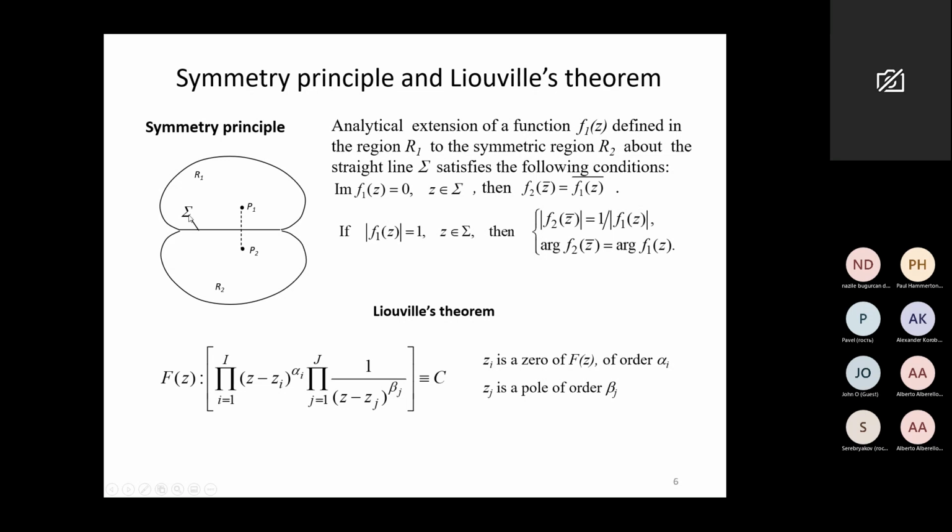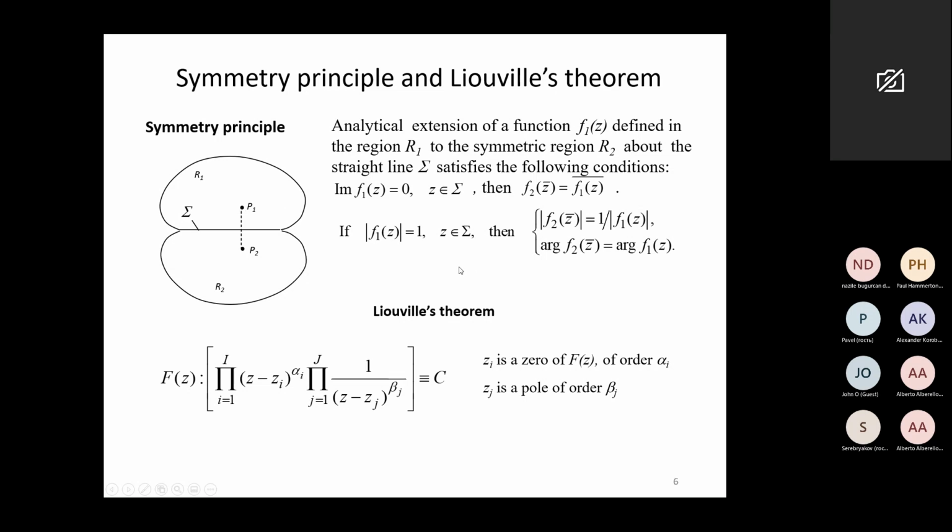If, for example, we know a complex function in region R1, and we wish to extend this function to a symmetric region R2, symmetric with respect to the straight line sigma, and we wish to satisfy a boundary condition on this straight line, for example, the imaginary part of the function should be 0, in that case, we can extend the function symmetrically into region R2, and we need to put at the symmetric point P2 the value equal to the complex conjugate value at point P1.